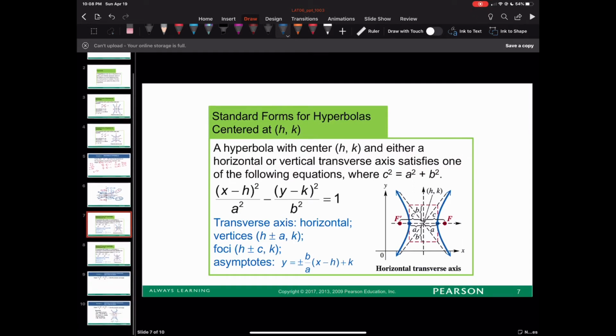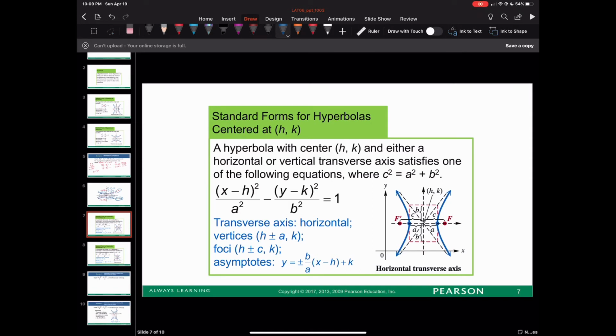Now, like before, you're going to have your situations. It says a hyperbola with center (h, k) and either horizontal or vertical transverse axis satisfies one of the following. We have c squared is equal to a squared plus b squared.